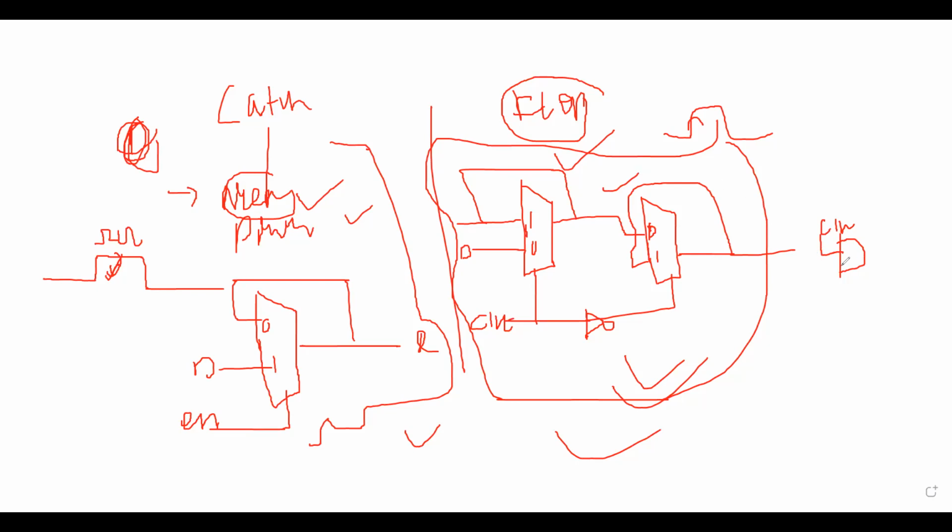Someone said we can do clock gating, but clock gating is some other technique. We will not go for clock gating.